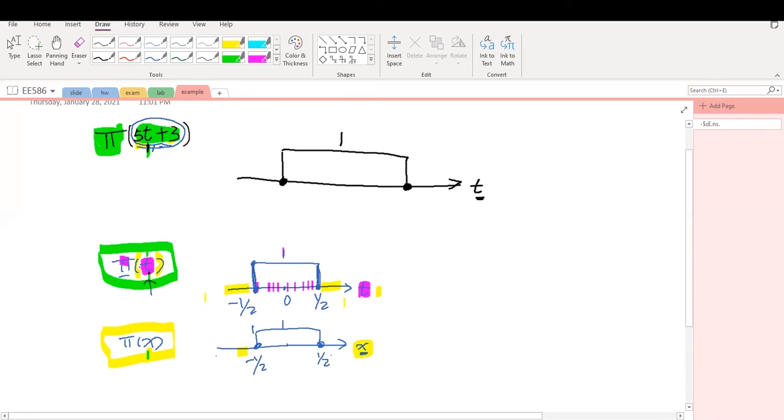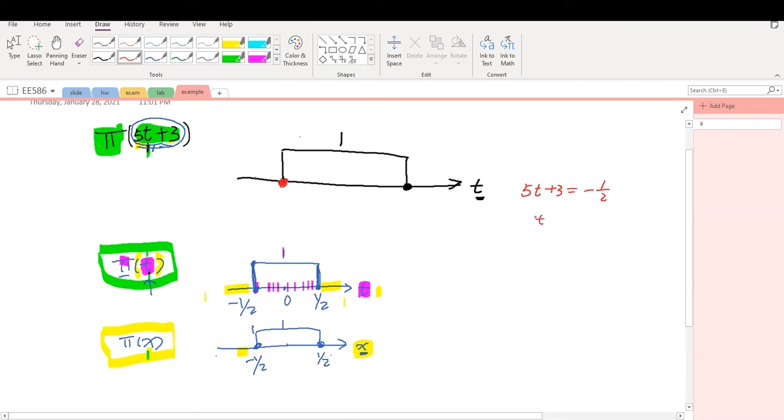We know that when this argument equals minus half, the function value is going to make such a move. So we need to find the value of t. We need to solve a linear equation. I'm going to use a different color. So 5t plus 3 equals minus half. If I solve the equation, that gives the value of t where the function value changes from 0 to 1.